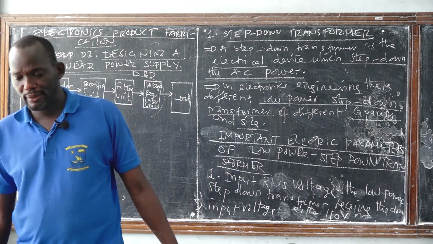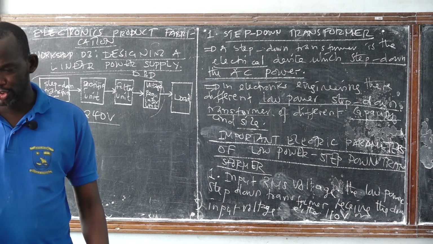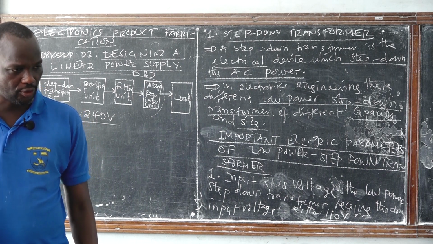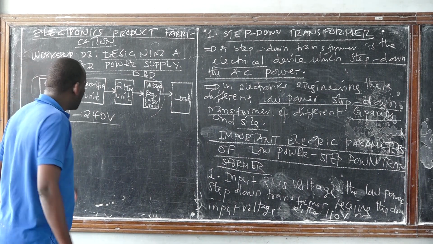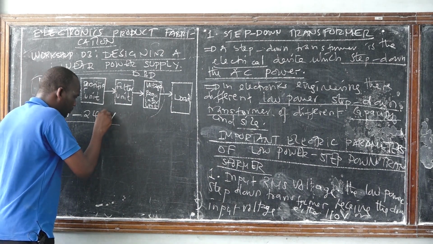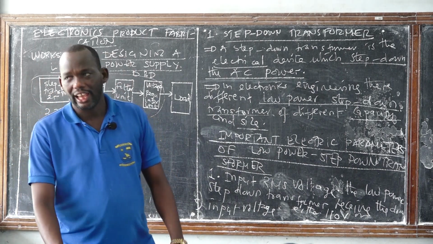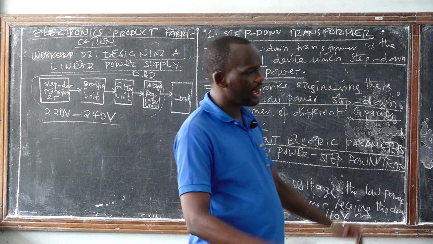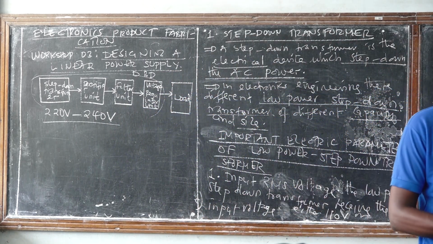In the United States of America, they are using 110 volt. That's the domestic power in the United States. In European countries, especially in Britain, or let's say in England, and including most of the countries in Africa, we are using 220 volts to 240 volts.